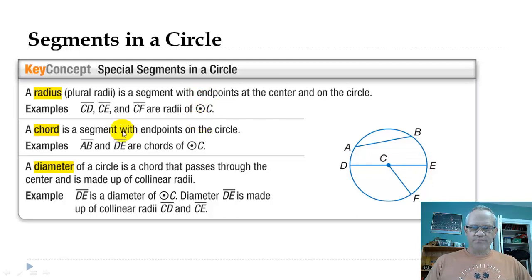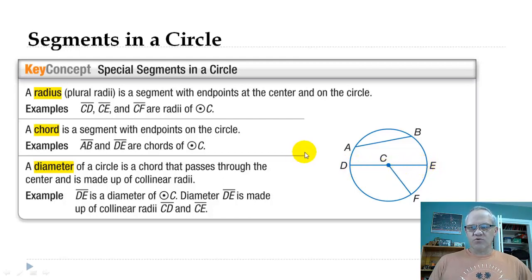A chord is a segment where both endpoints are on the circle. What we typically think of as a chord is like AB here. Notice AB, one endpoint is on the circle and the other endpoint is on the circle, and that's where the segment stops. But also from D to E is a chord. The endpoint is on the circle and the other endpoint is on the circle.